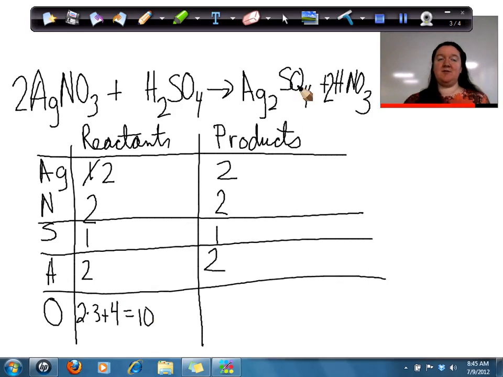So let's see if we have 10 on this side. I have 4 oxygens with my silver sulfate. And here I have 2 times 3 of the oxygens on my nitric acid.